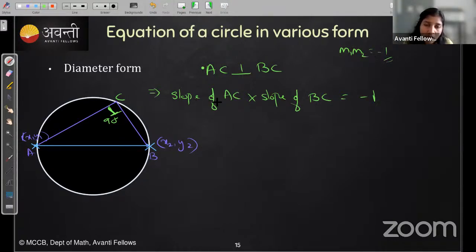Okay, what is the slope of AC? This point's coordinate is x comma y, because we are considering an arbitrary point. That point can be anywhere here.